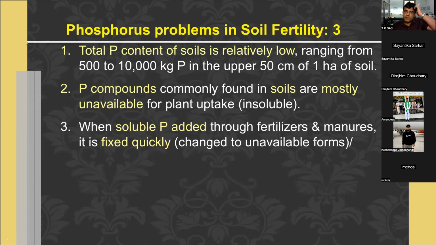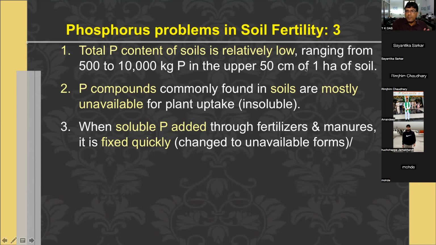Now see phosphorus in soil, total phosphorus in soil. The total P content of soils is relatively low, ranging from 500 to 10,000 kg phosphorus in the upper 50 centimeter of 1 hectare soil.